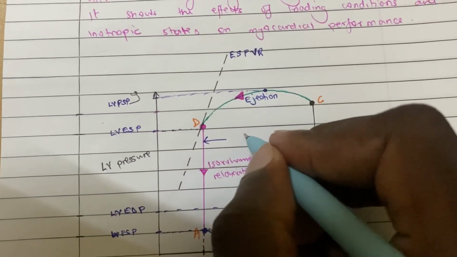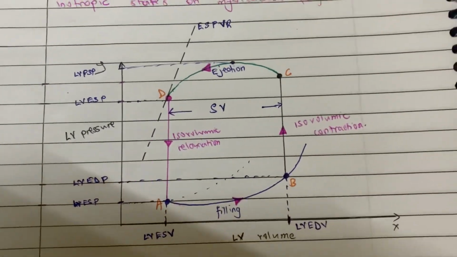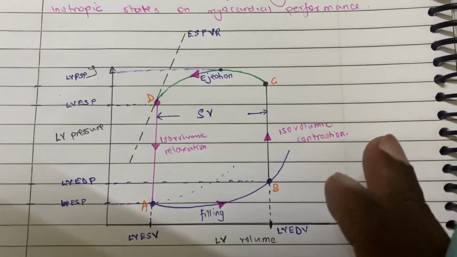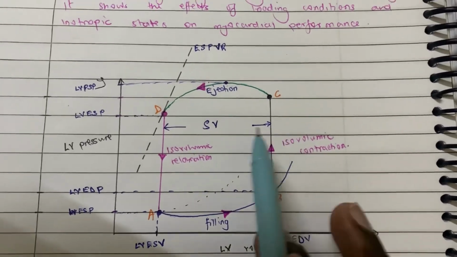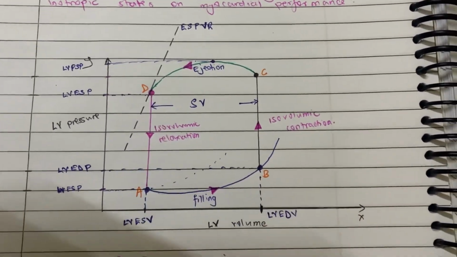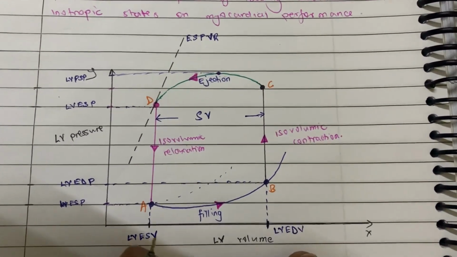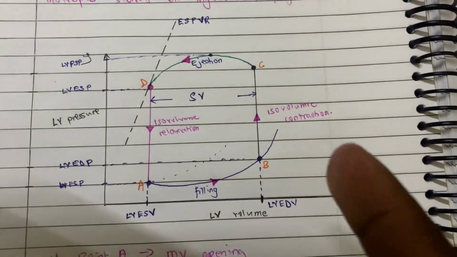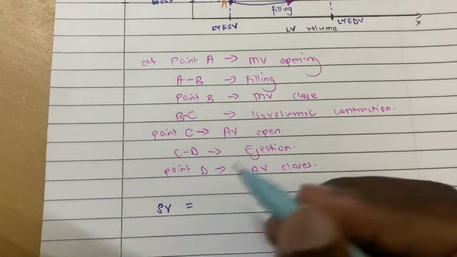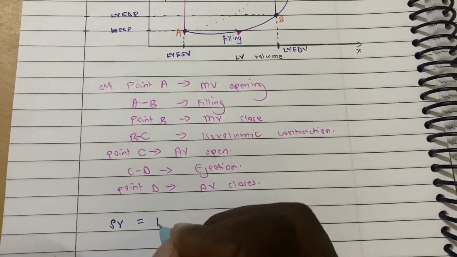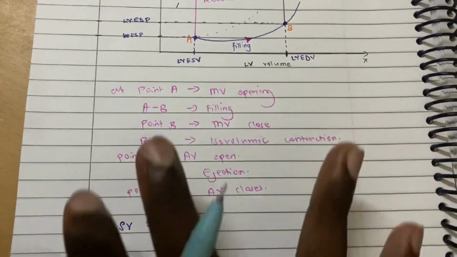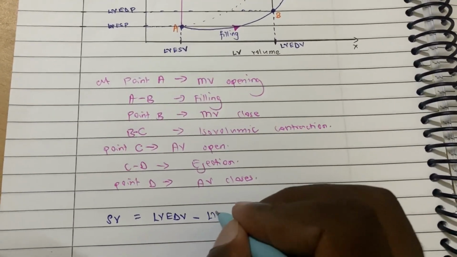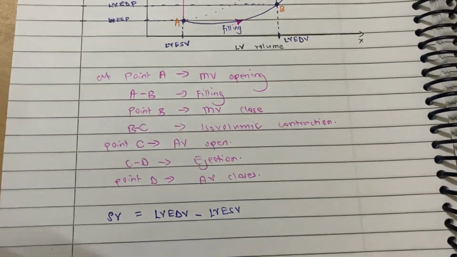So this is the full labeling of this curve, and just from here up to this point, this is the stroke volume. Stroke volume is the blood we are ejecting. From the above, we conclude that stroke volume is equal to LV end-diastolic volume minus, because it is the bigger one, LV end-systolic volume.